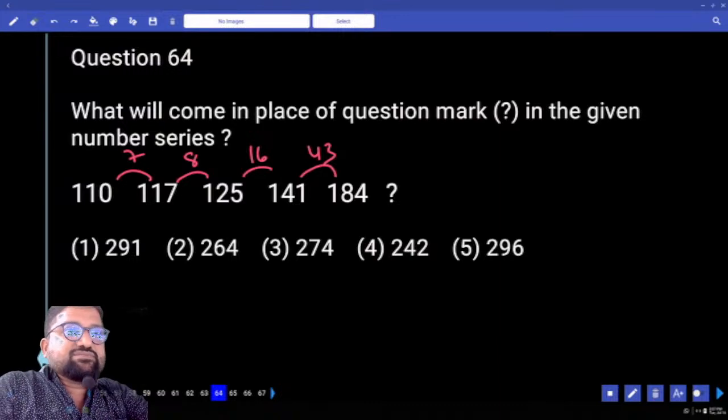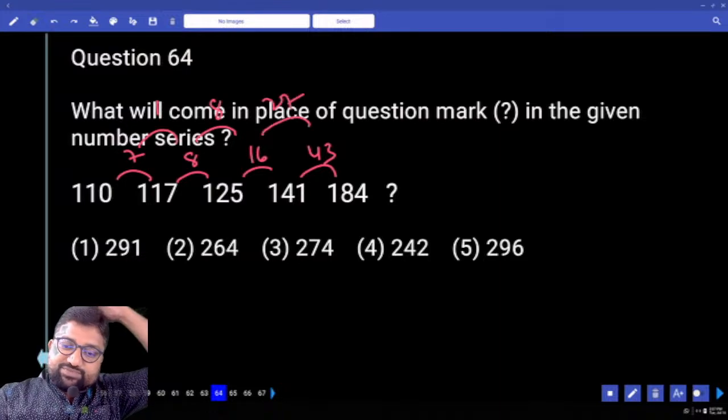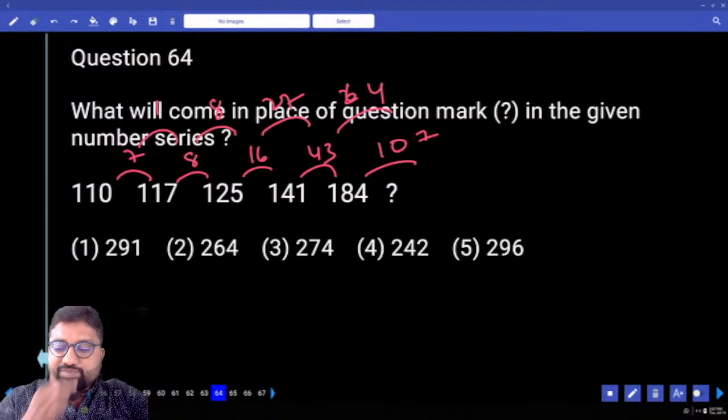I don't understand anything. When I take the difference and I don't understand anything, immediately I go for difference of difference. How much is this? 1. How much is this? 8. How much is this? 27. 1, 8, 27, cubes. My number should be 64. 43 plus 64, 107. Your answer should be 291.